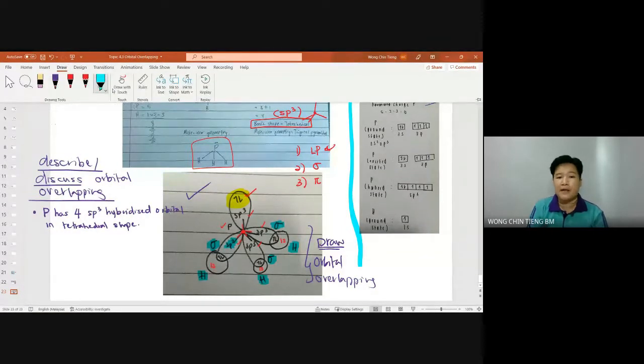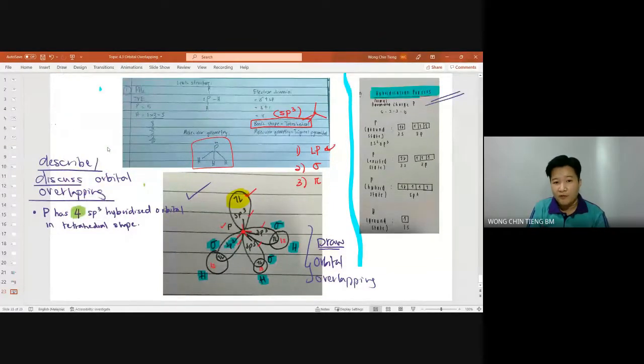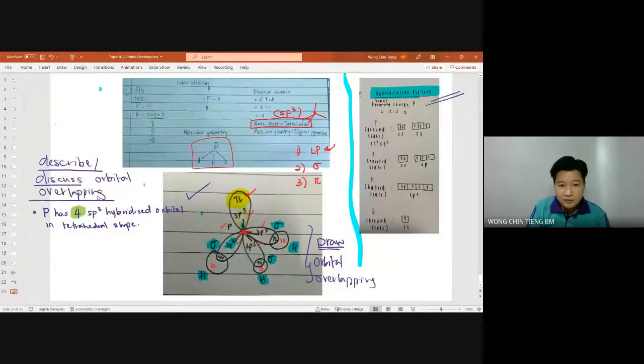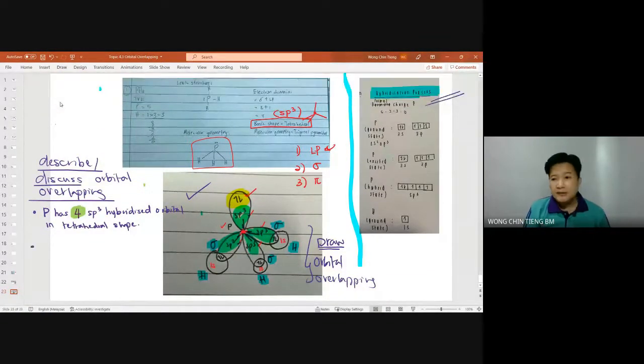Dan untuk yang tak nampak kenapa 4, why 4? Where is this 4 come from, sayang? 1. Oh, tak nampak color ni. 1, 2, 3, 4. Ni 4 dia. Okay. So, yang pertama sentiasa mula dengan central atom. What type of hybridize? What shape? Markah pertama.